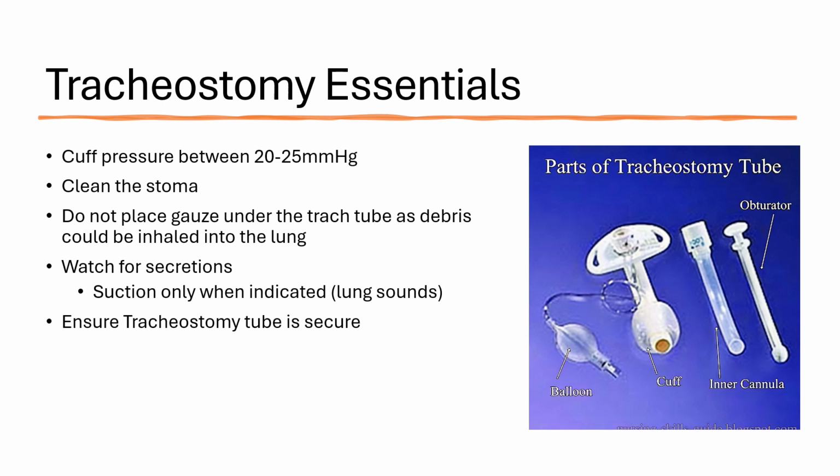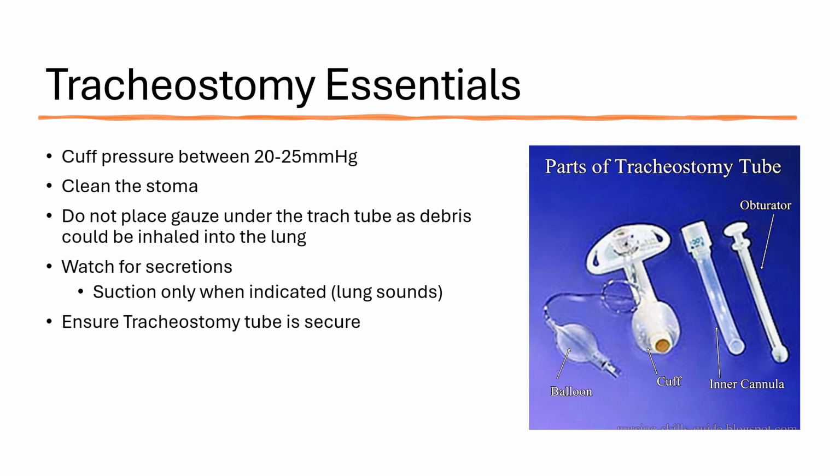You want to make sure you clean the stoma. Do not place gauze under the trach tube as debris can be inhaled into the lung. Watch for secretions and suction only when indicated. Always listen to your lung sounds. I can't stress this enough. When it comes to suctioning, on your computer screen, if you're working with a trach, it will usually tell you, I think it's every 2 hours, that you need to suction your patient.